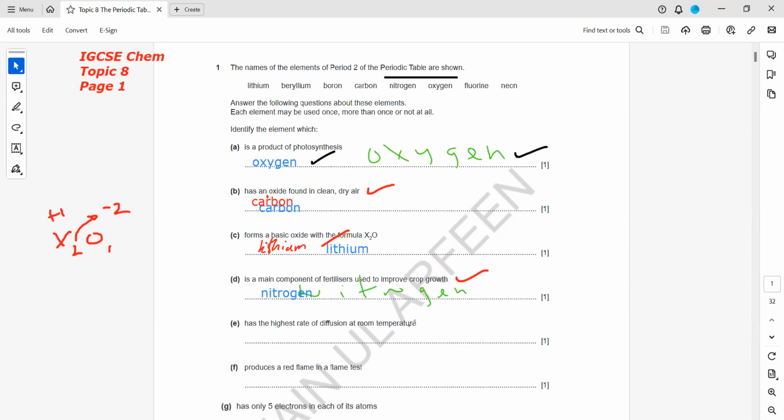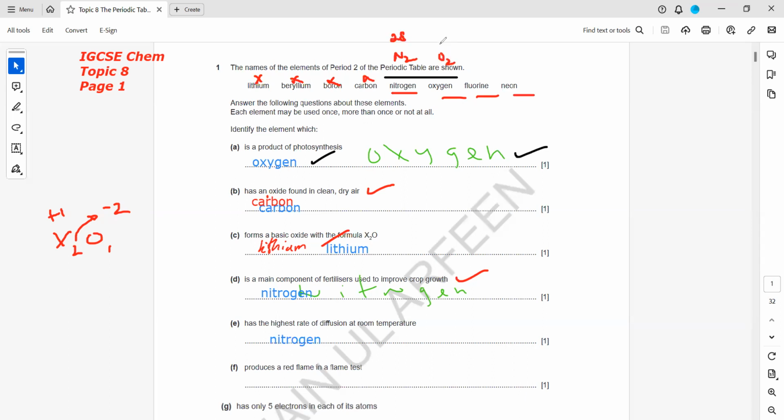Has high rate of diffusion at room temperature. Diffusion happens for both gases and liquids, but gases diffuse faster. So which of the gases? Lithium, beryllium, boron and carbon are solids; nitrogen, oxygen, fluorine and neon are gases. Nitrogen exists as N2, so 28.